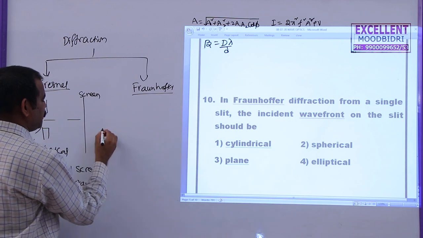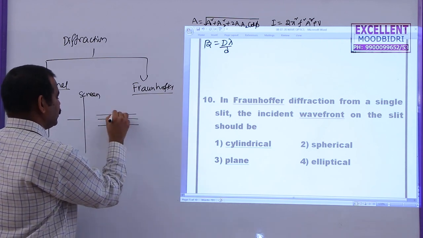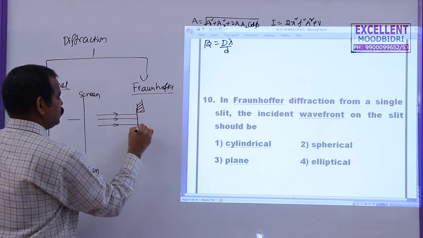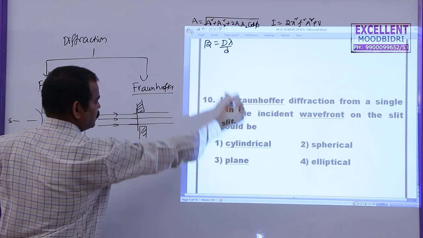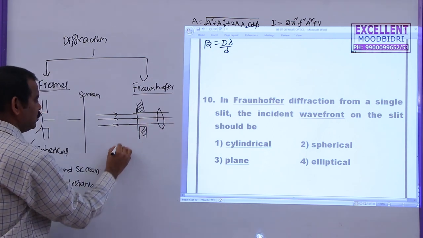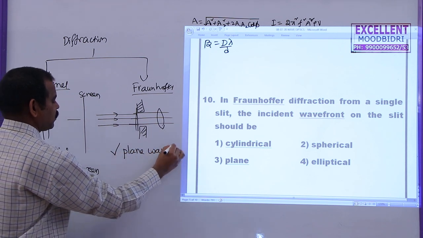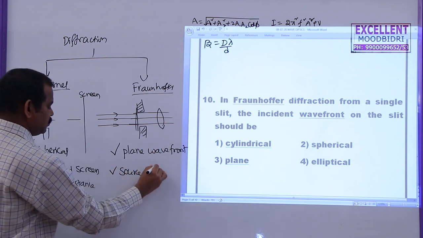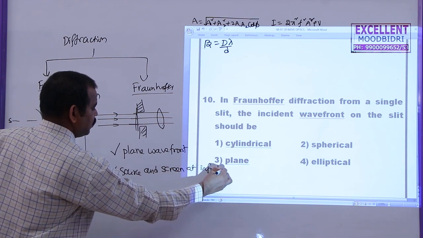But in Fraunhofer diffraction, the source is at a large distance. A source at infinite distance will produce a plane wavefront, and this is the slit through which it is passing. The screen will be placed somewhere at a large distance. To focus this, we are using lenses. So here the wavefront is a plane wavefront, and the source and screen are at infinite distance.